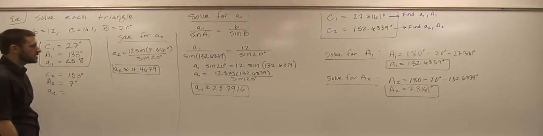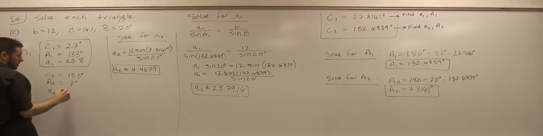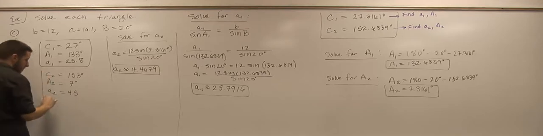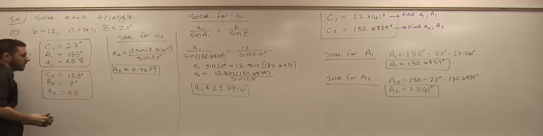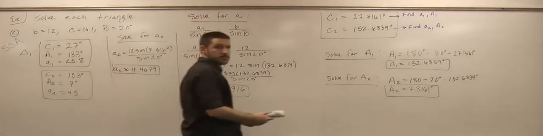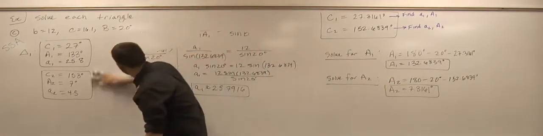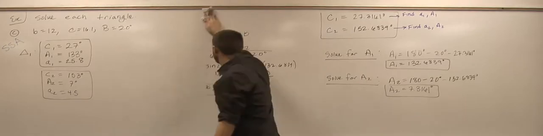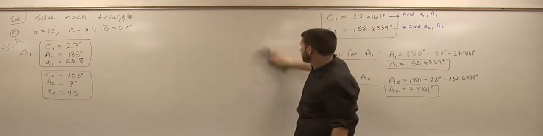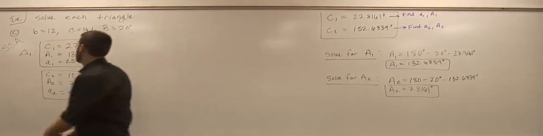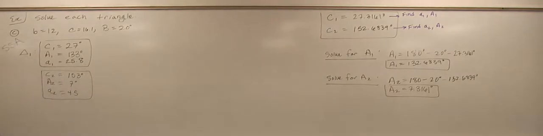And little a2 is 4.5. So, what does this mean? Does this mean anything?